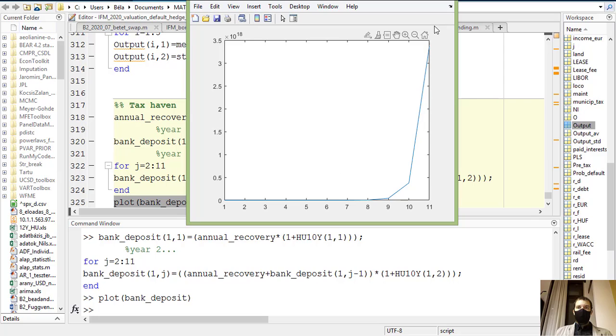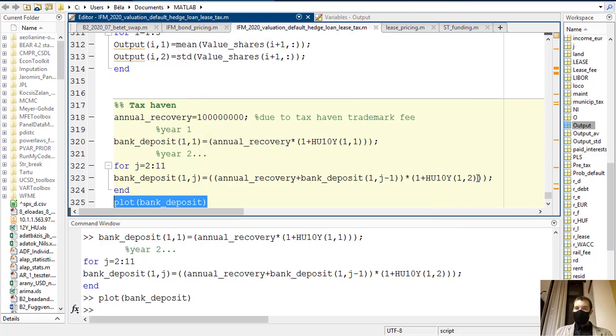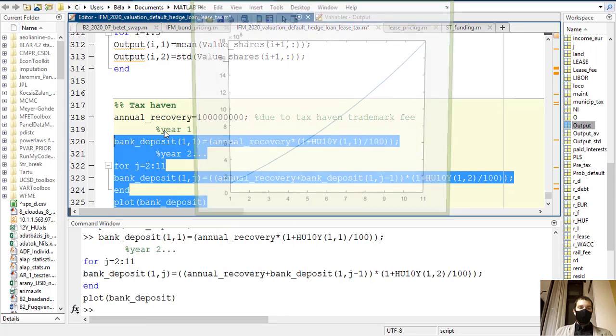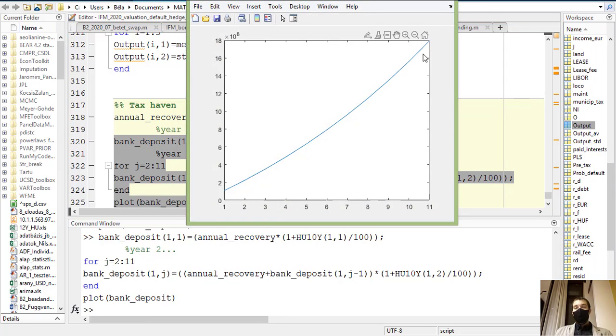Wow. I know what happened. Yep, we should divide it by 100. Now it's still a nice sum of money, and we can see this is not linearly growing because of interest. So it's so delicious and so unethical.